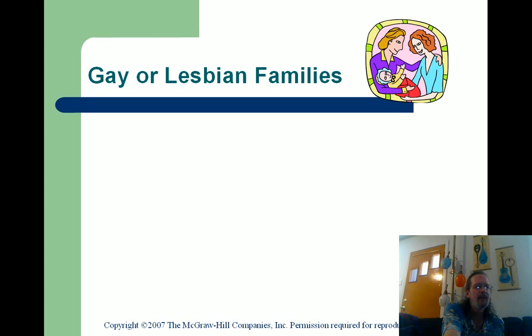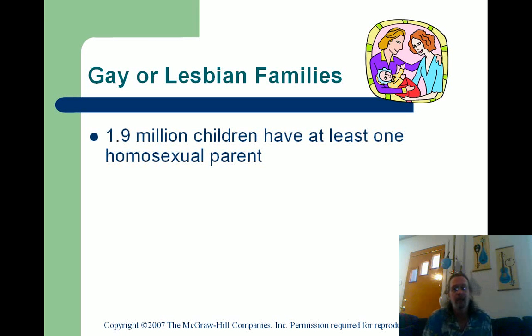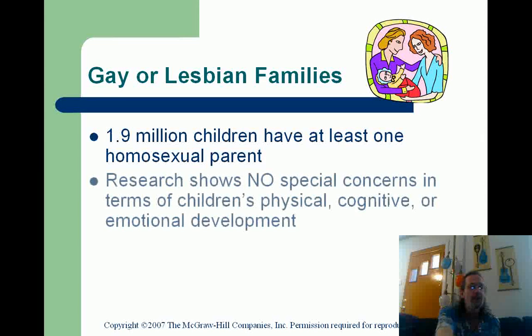Gay or lesbian families come out pretty much the same as heterosexual families. In fact, there's a lot more abuse and emotional problems coming out of kids who were raised in heterosexual families, not in homosexual families. About 2 million kids have at least one homosexual parent.